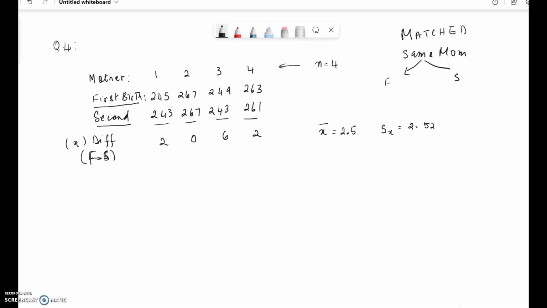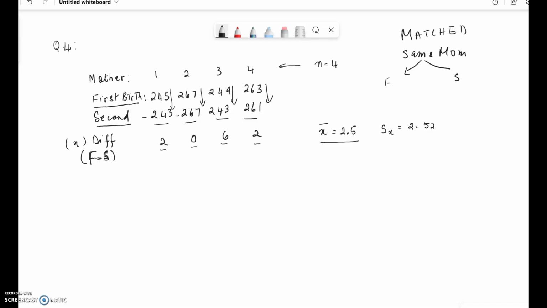Just to get a positive number, I'm going first minus second, or I could go second minus first. It doesn't matter. So let's go first minus second. I take the difference between these 2 numbers, these two, and these two, and I get 2062. So this is the first step to a matched pair problem. I need to take the difference in the gestational times.